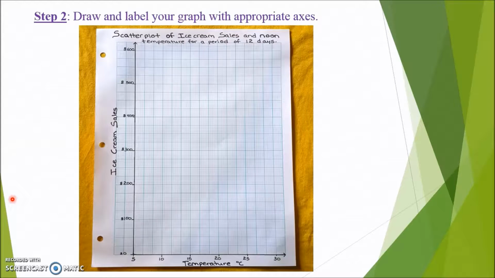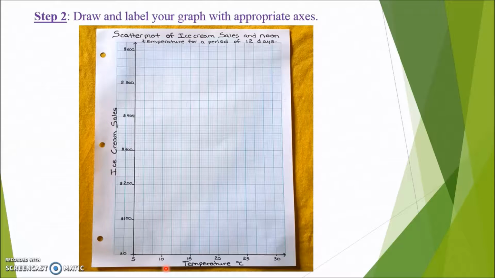If not, try thinking about it again. Wouldn't how much ice cream you sell be dependent on the temperature? Simply meaning, the hotter the weather, the more sales an ice cream truck may get. Understand now? Thus, for the y-axis, which is the dependent variable, we have ice cream sales, and for the x-axis, which is the independent variable, we have temperature.